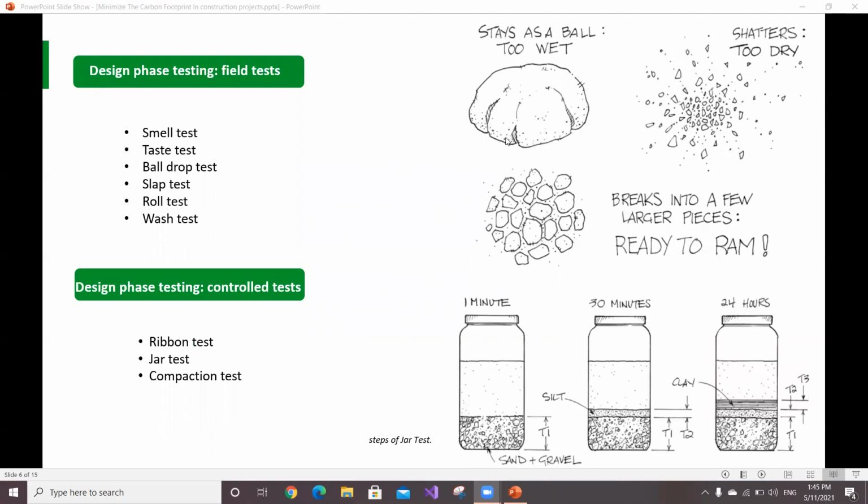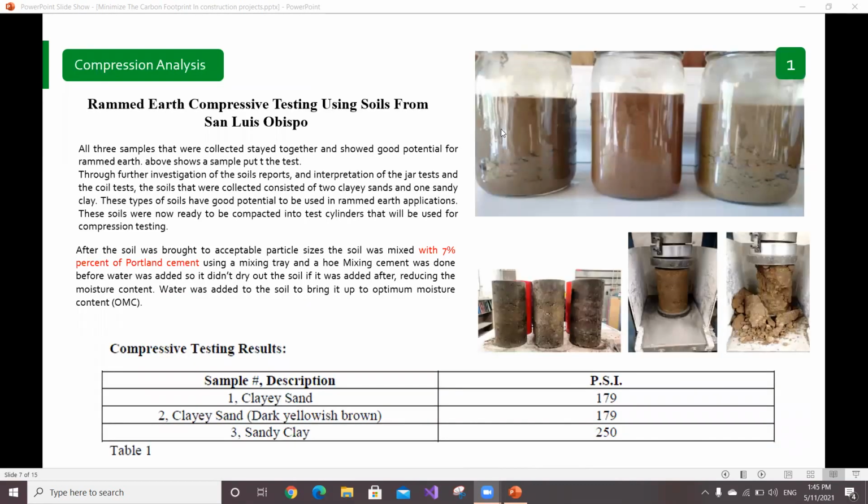To determine that, we need to make some simple tests, and sometimes some controlled tests. These tests help us define whether the soil needs blending material or not. For this reason, I started to look at research about different types of soil.